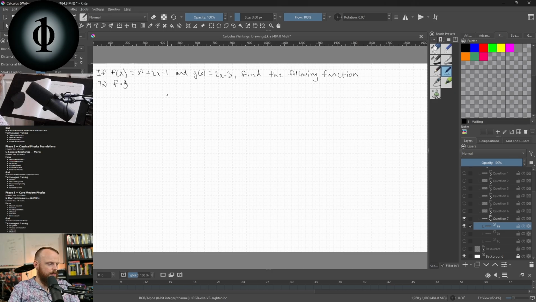What the hell are they asking me right now? f of x is equal to x squared plus 2x minus 1, and g of x is equal to 2x minus 3. Find the following function. I believe what it's saying is f of g.